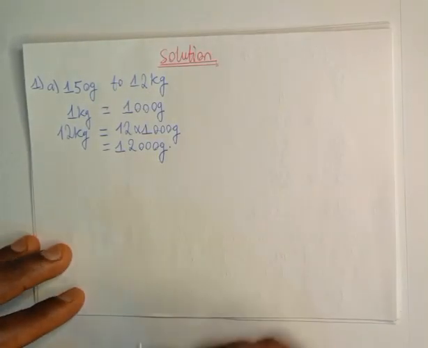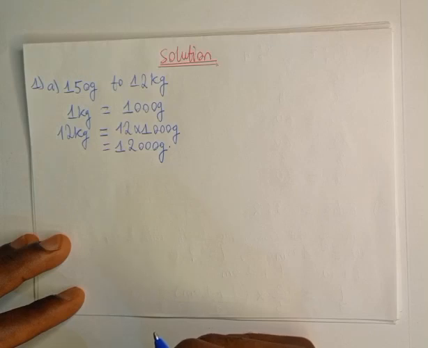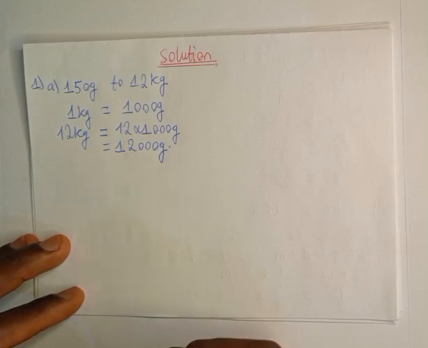If you have problems with these conventions of units, you check my channel, you will see a playlist on metric systems of measurements, and you will learn so much from there on the convention of units.